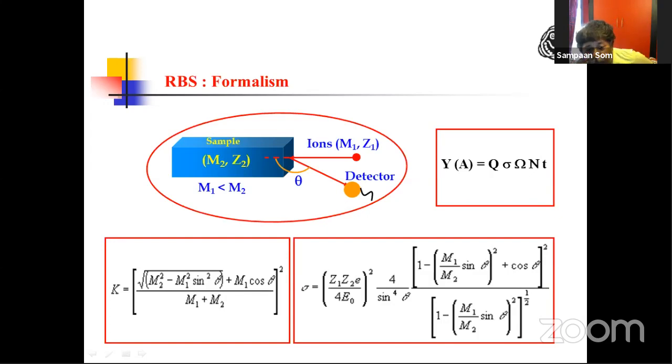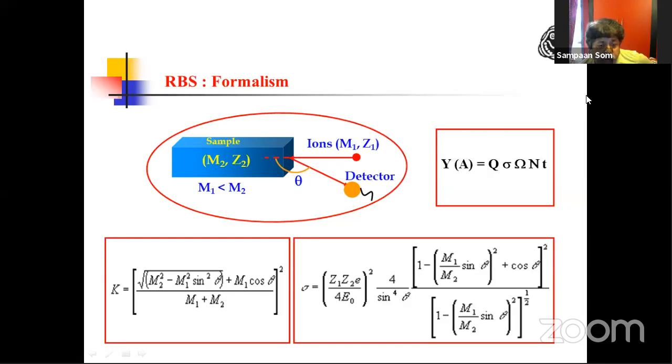And this has four important aspects. One is the kinematic factor, another is scattering cross section, and then energy loss. And a couple of other important things like solid angle, etc., which one needs to take care of.